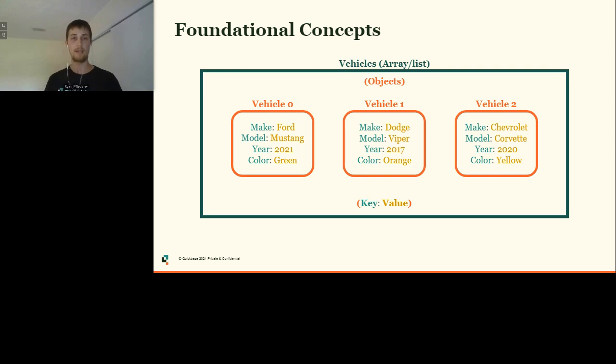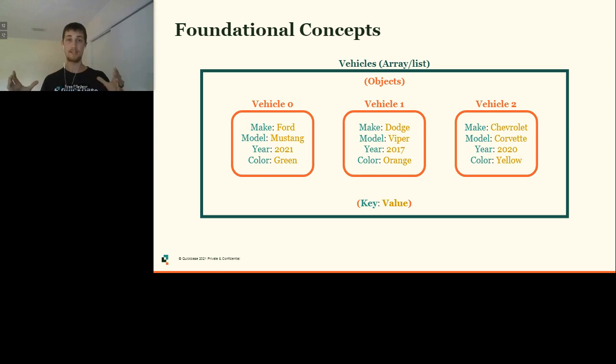One way to think about this is in terms of Quickbase. Vehicles would be a table. Each of those vehicles within that table, or within that array, is a record. Within that record, we've got a set of fields and then values for those fields.